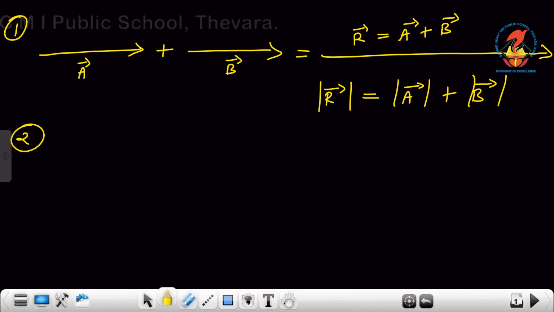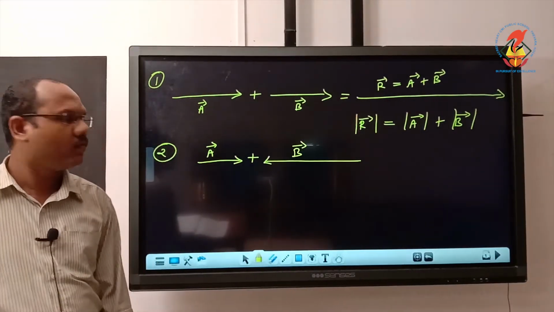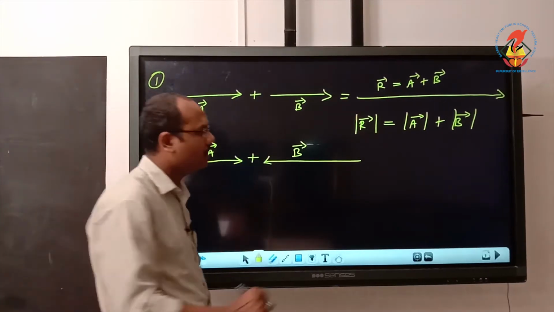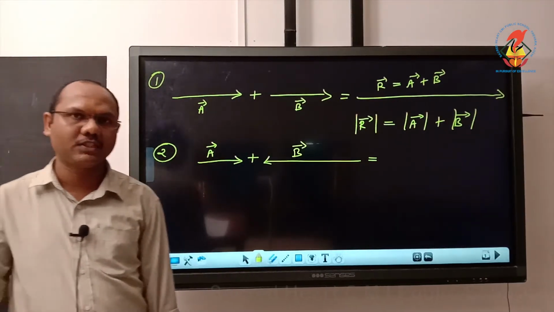Now going towards the second case, I am just taking a vector. This is vector A and this is vector B. So two vectors, vector A plus vector B. You can see both these vectors are in the opposite direction, right?